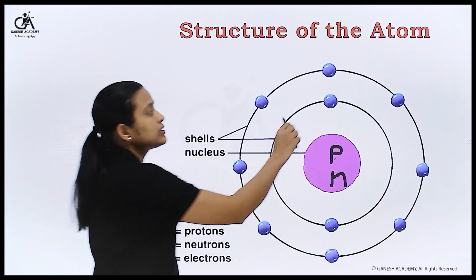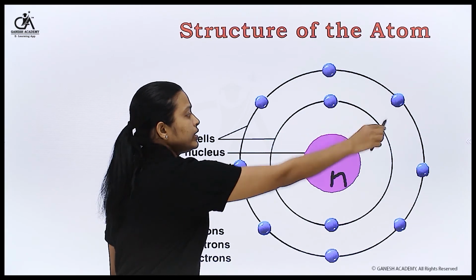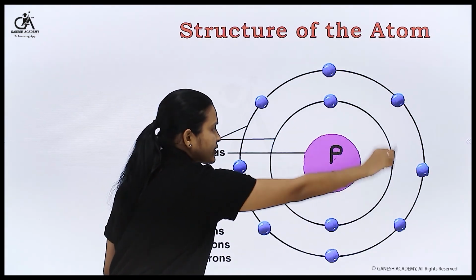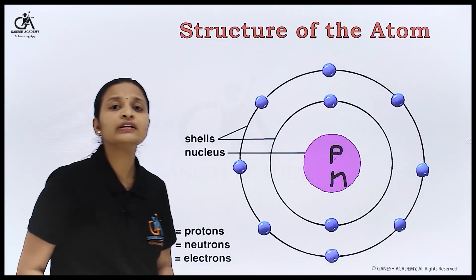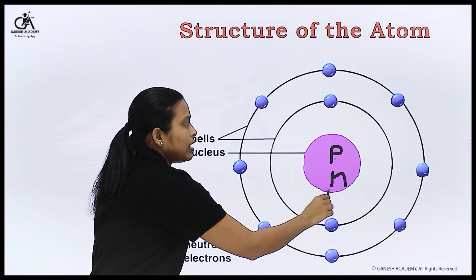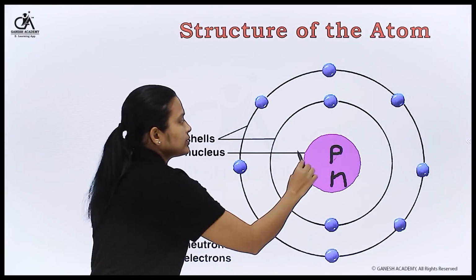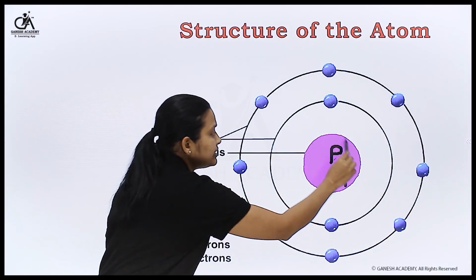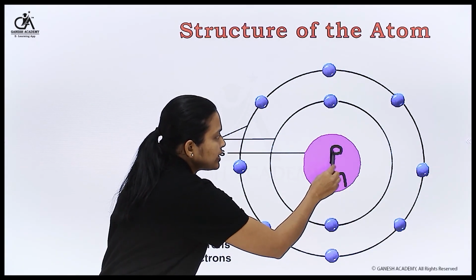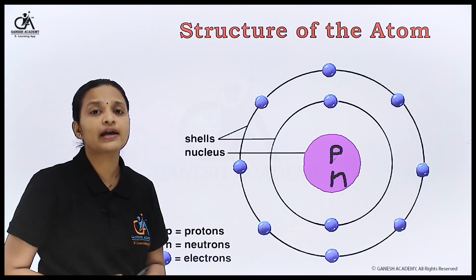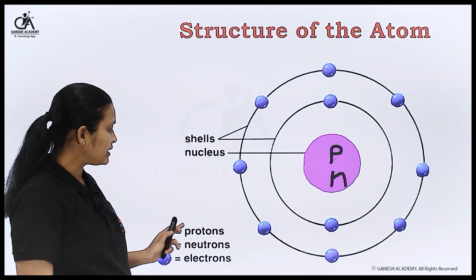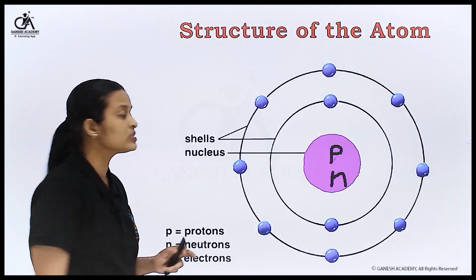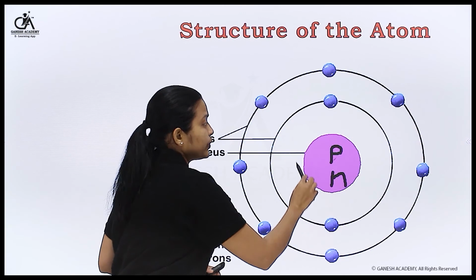The atom is spherical in shape, and this atom has two parts. This one is the central part and this one is the surrounding part. The central part is known as the nucleus, and inside the nucleus you can see two letters, one is P and another one is N. P denotes the number of protons and N denotes the number of neutrons present inside the nucleus.